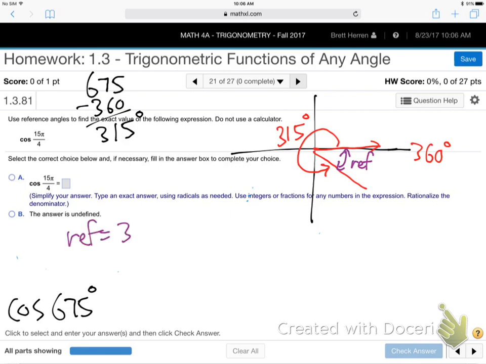Yeah, good. 360 minus 315. The reference angle's 45. So really, when all is said and done, they're asking me for a 45-degree angle down there, huh? So that's really what's happening. So let me encourage you, just draw right there. This is 45 degrees in that quadrant.